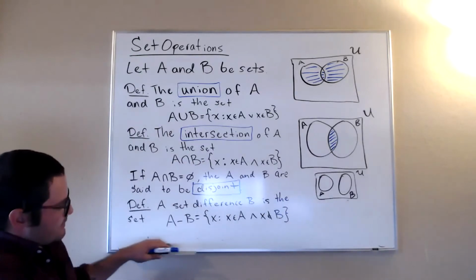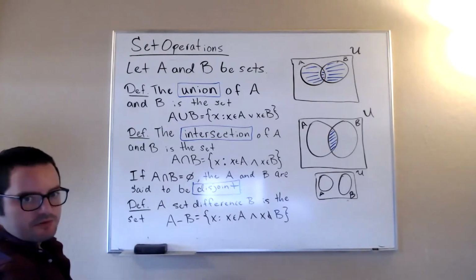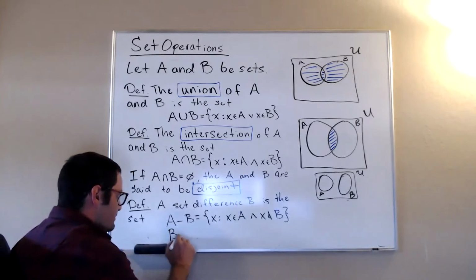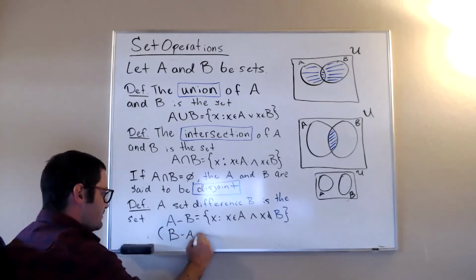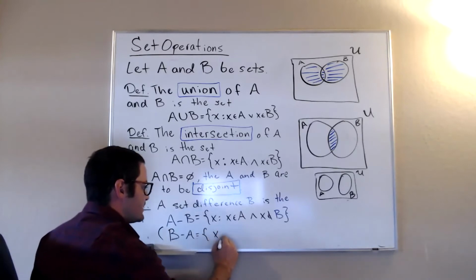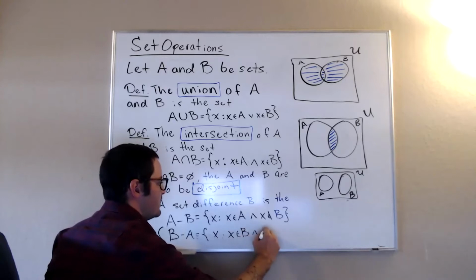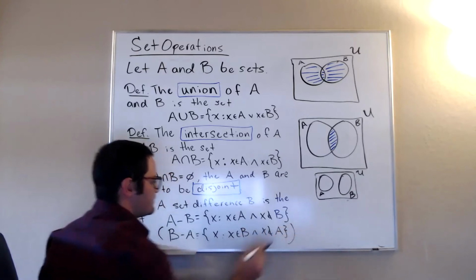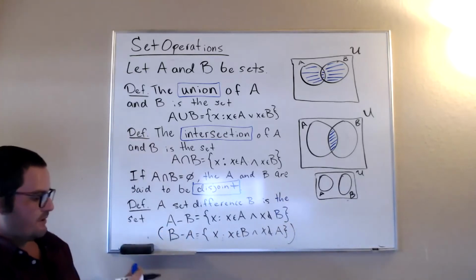Now, notice here that the order for which you do this subtraction matters, right? Because B set difference A is a set of all X such that X is in B and X is not in A. So that's a different set than that. Okay?